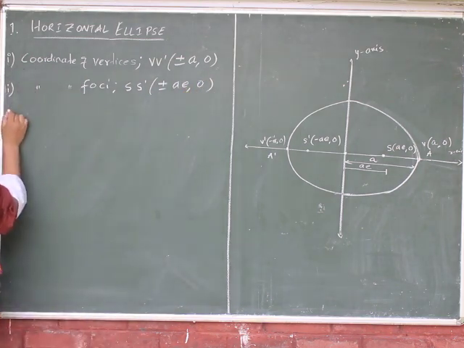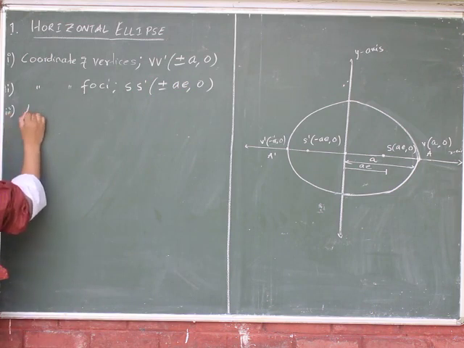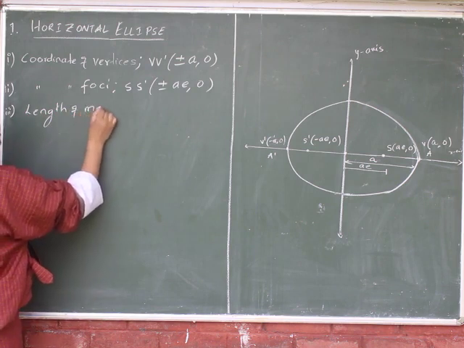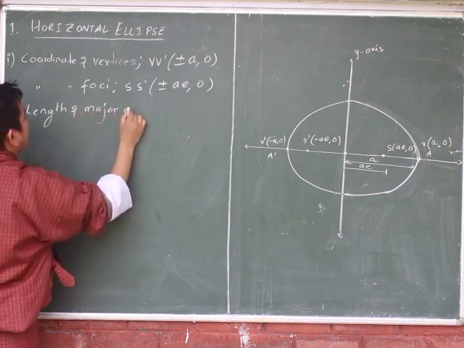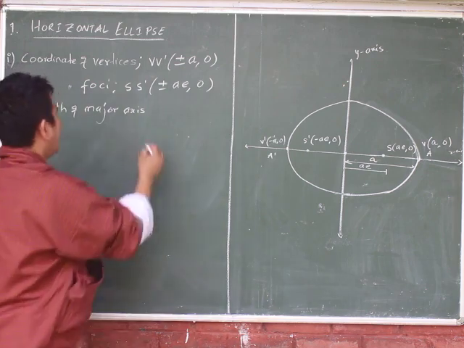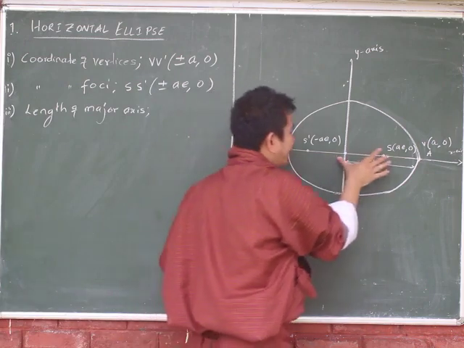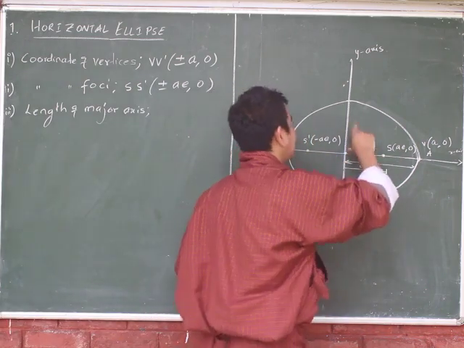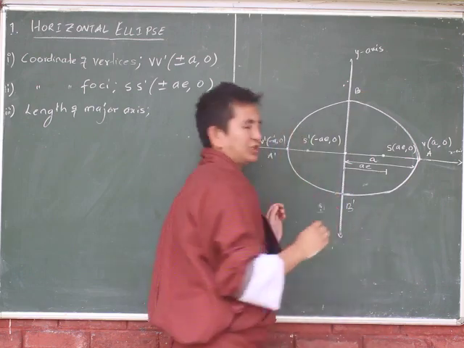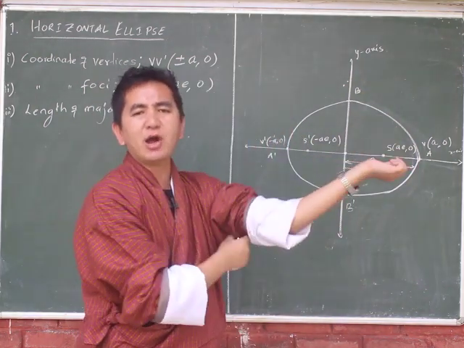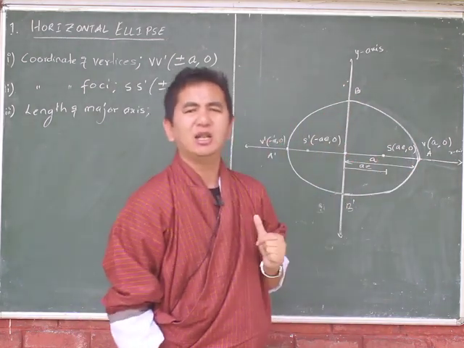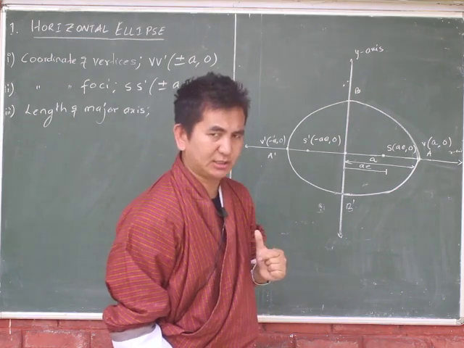Next one we will see is the length of major axis. Here, this is called the length of major axis, and from this point to this point, let me take this one as B dash. This is called the minor axis. From the center to here is the length of the semi-major axis.